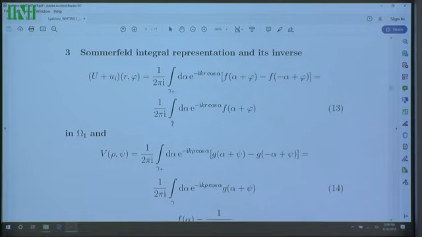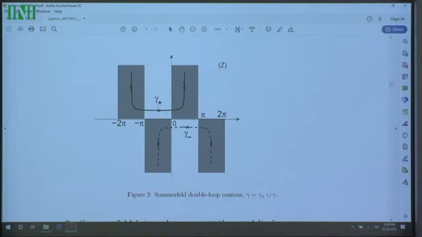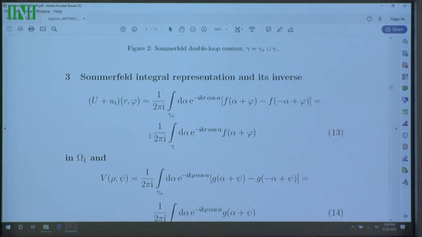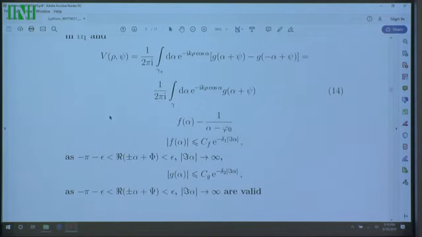where gamma is the famous double loop Sommerfeld contour, which is drawn here. Gamma plus and gamma minus are two loops of the Sommerfeld contour, and we have such a representation for the total field in both domains, omega 1 and omega 2.